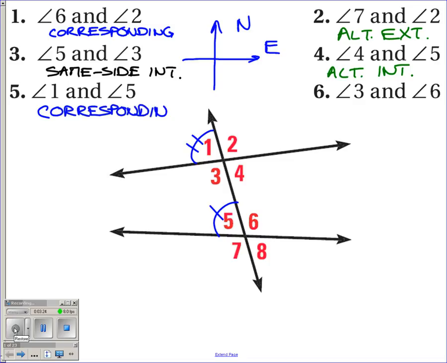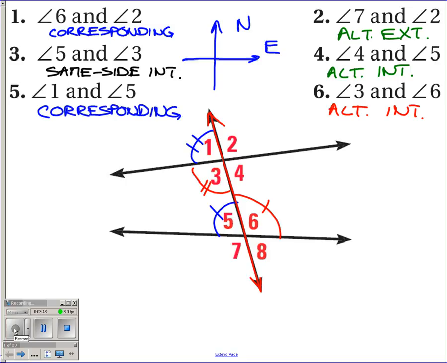Well, let's take a look at the last pair for number 6. Angles 3 and 6. Let's put these right here. Well, again, those are interior in between the two lines. They're on opposite sides of this transversal. So again, that's another pair of alternate interior angles.